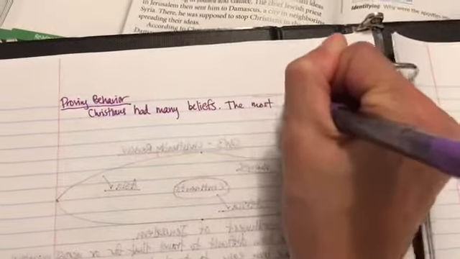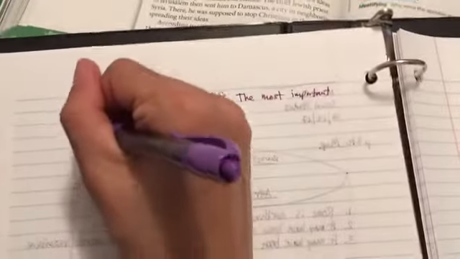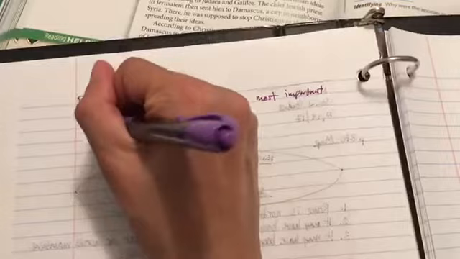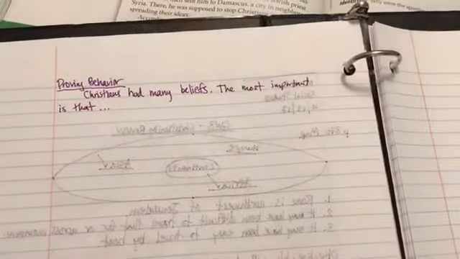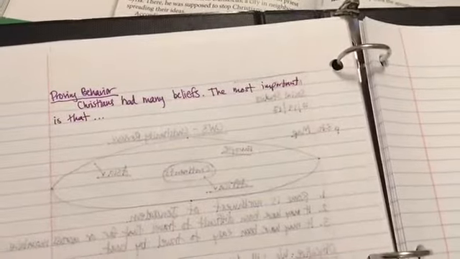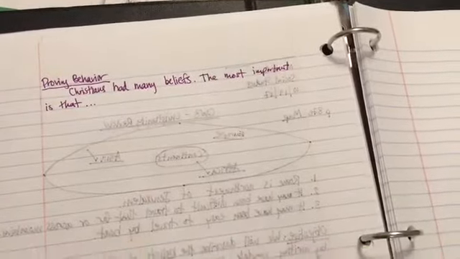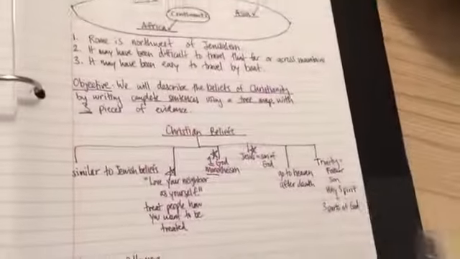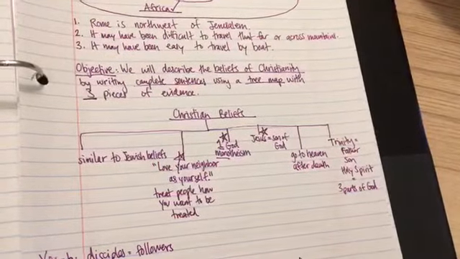The most important is that I want you to use that sentence starter to help you fill in your first complete sentence about one of their beliefs. And you can use a sentence starter as well as going back to that tree map to figure out which one of these you want to write about first. Go ahead and pause the video to finish that sentence starter now.